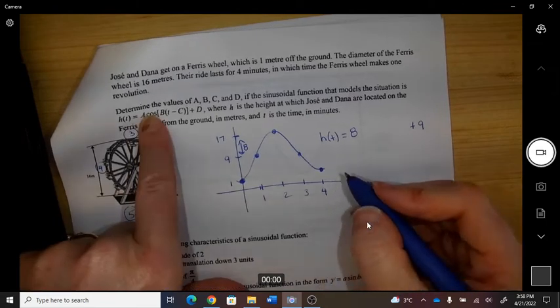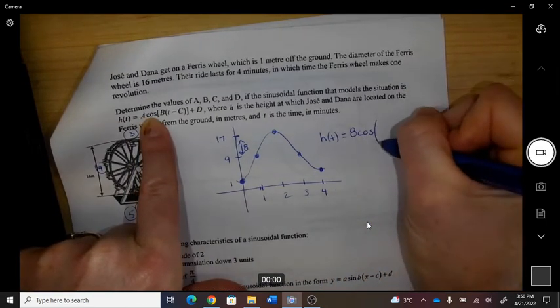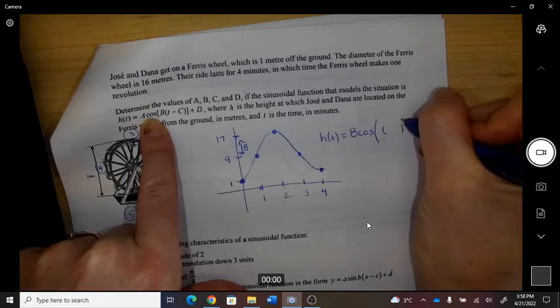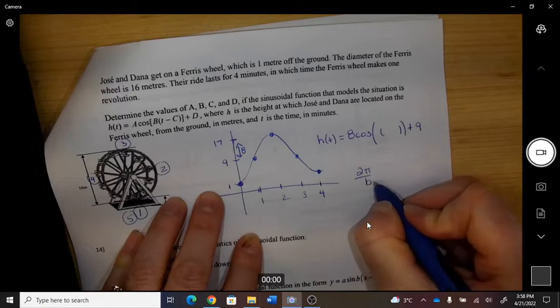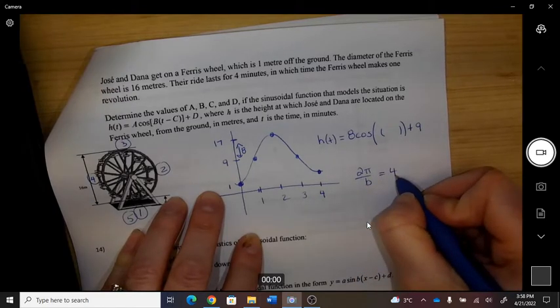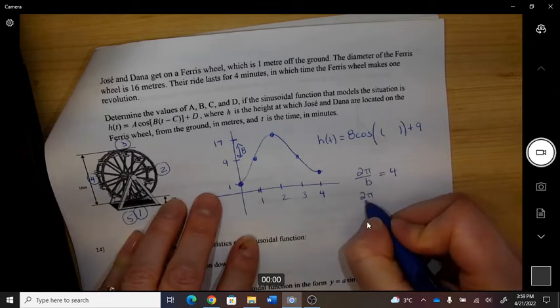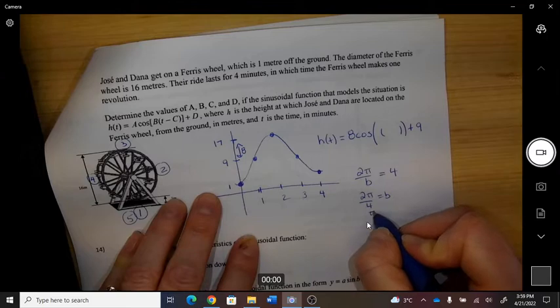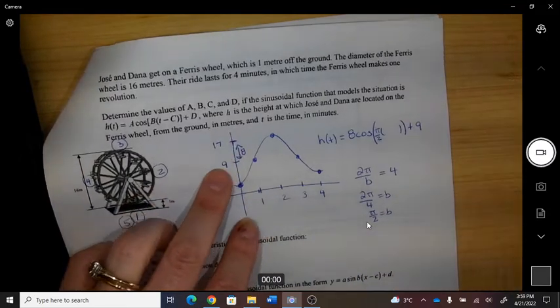And we have to write it with a cos curve. Now we know that 2 pi divided by some b number would have to give us 4. So I'm going to switch those places. And then I could just reduce this by 2. So there's going to be a pi over 2 there.